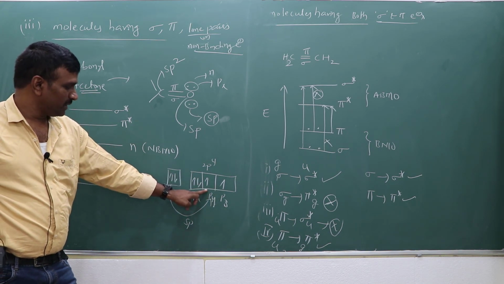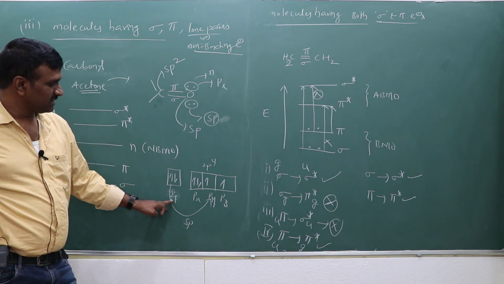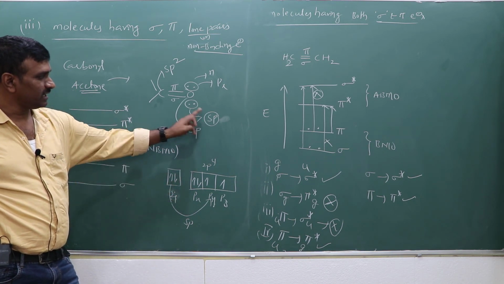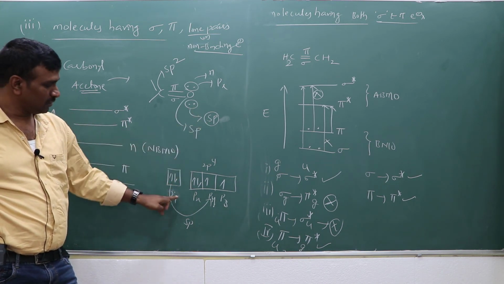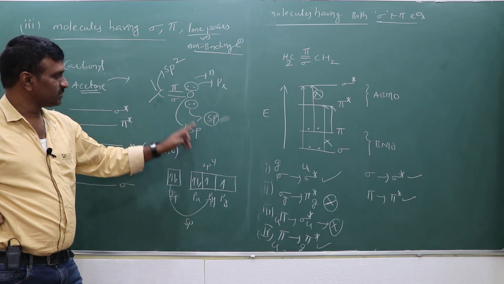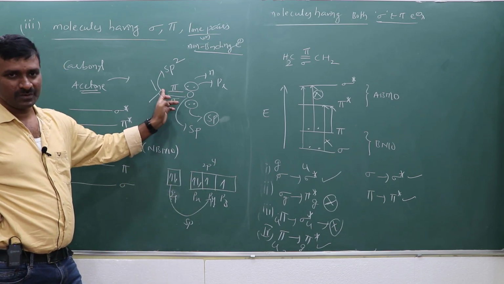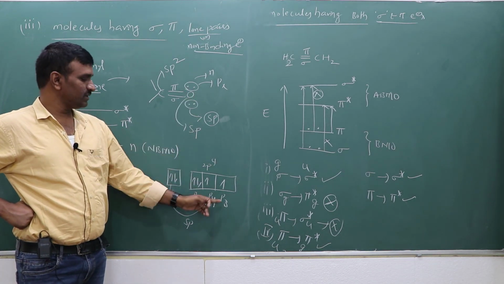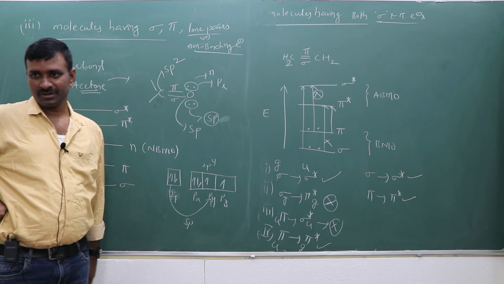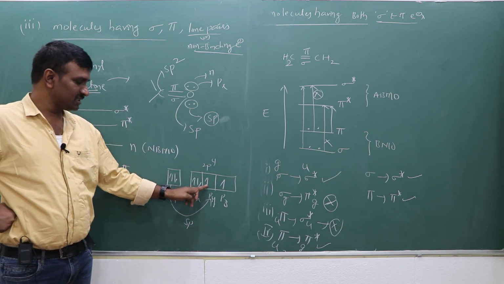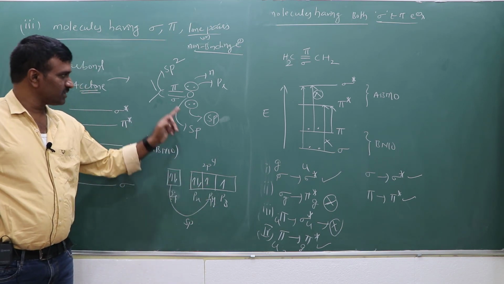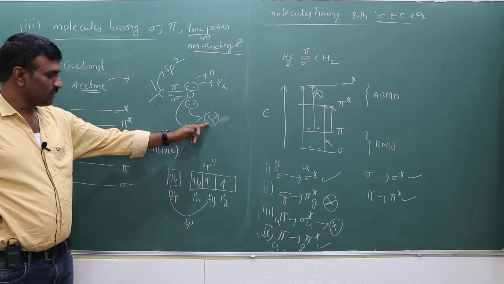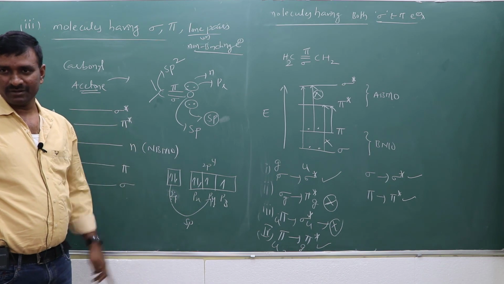One electron participates in the sigma bond, and pz participates in the pi bond formation. Of the lone pairs, one is the sp lone pair and another is the px lone pair.